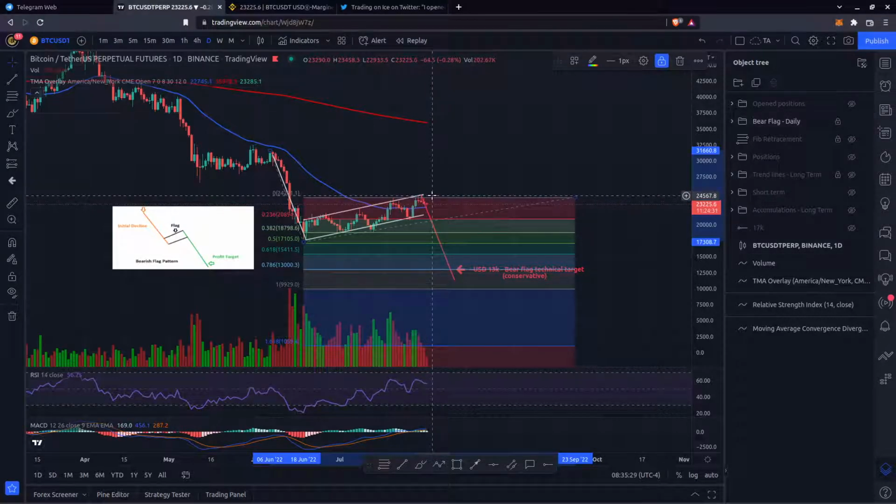So in my opinion, the bear market hypothesis was not invalidated yet. The technical target for the bear flag would be around 13k, as we discussed previously. So I hope this plays out.